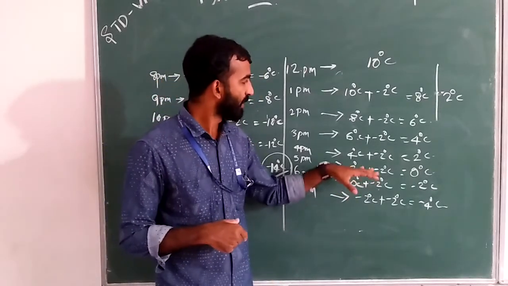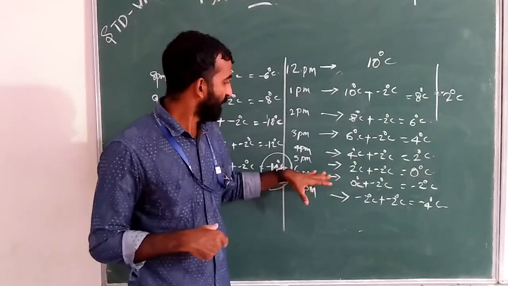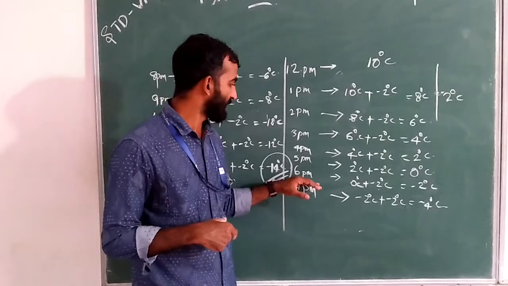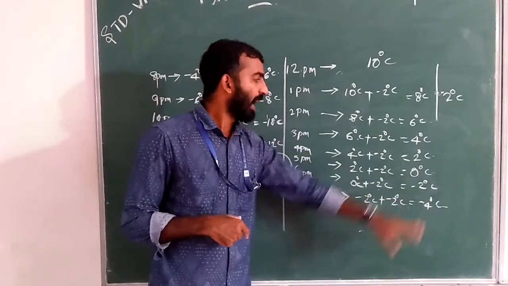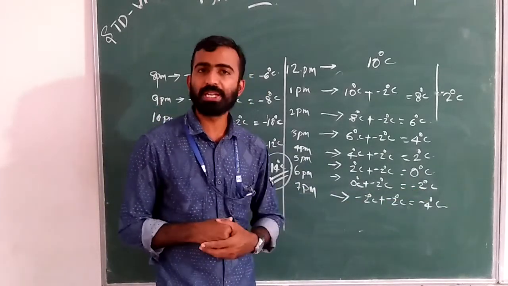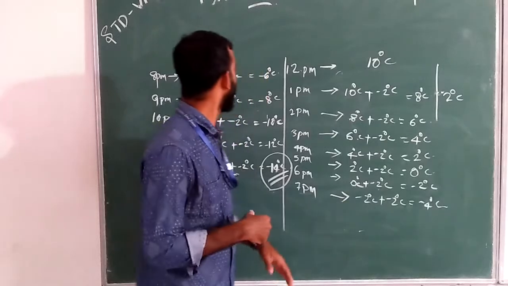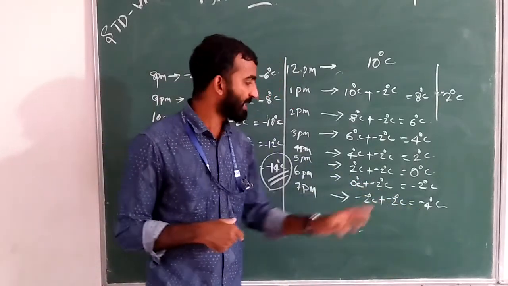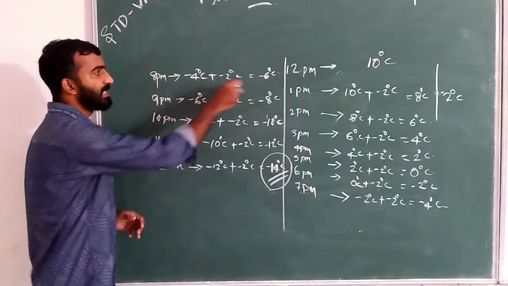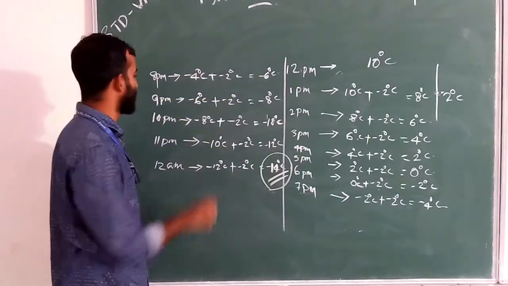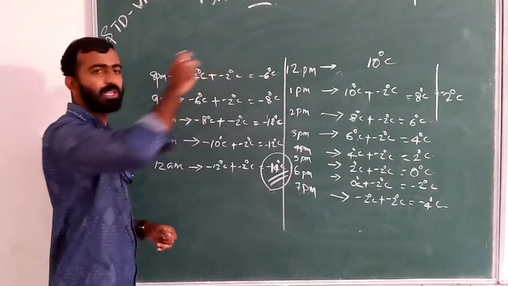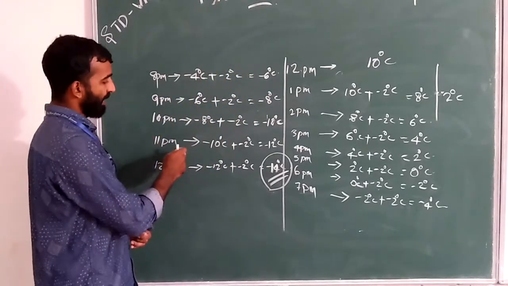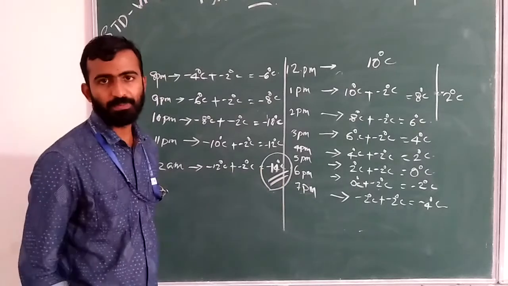At 5 p.m. it is 0 degrees Celsius, and 6 p.m. is negative 2 degrees Celsius, and 7 p.m. is negative 4 degrees Celsius, and 8 p.m. is negative 6 degrees Celsius, 9 p.m. is negative 8 degrees Celsius, and then we also get the last answer.